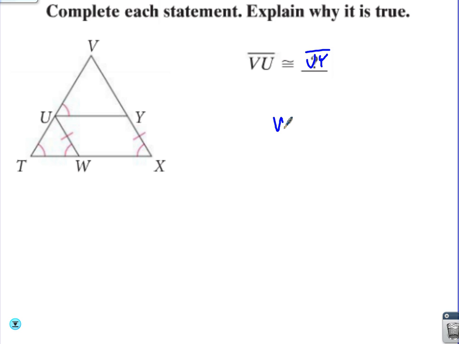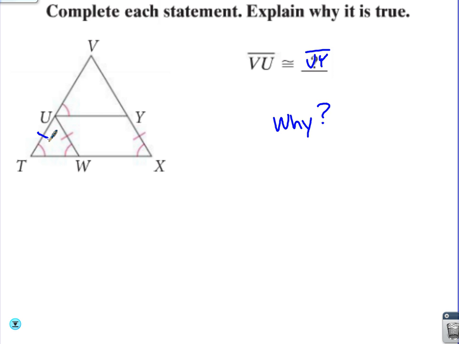Here's the big question. There's two ways to explain it, by the way. Anybody have any idea why they think that that's true? You can use that fact from the last problem. We know that UW and UT are the same.